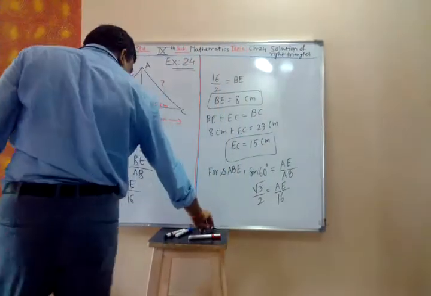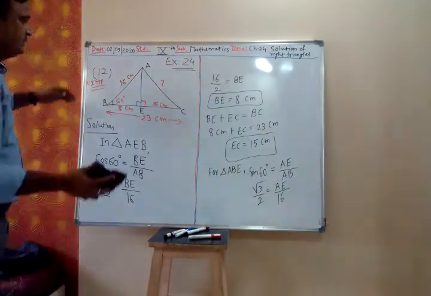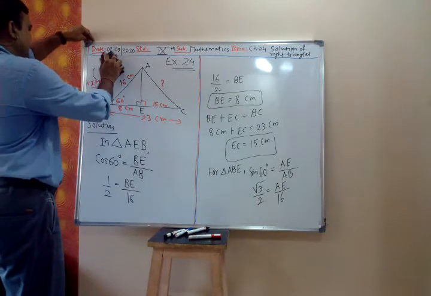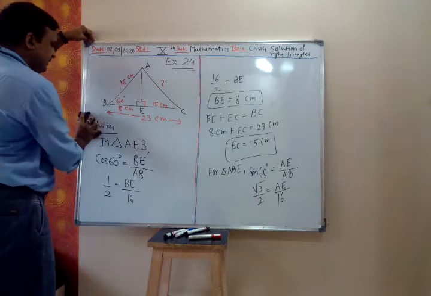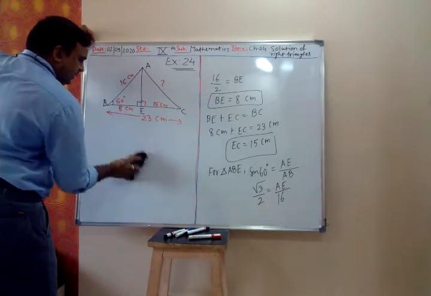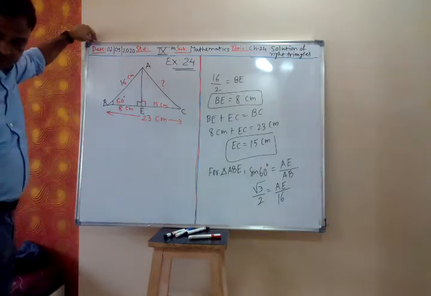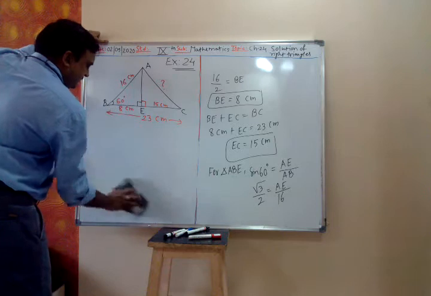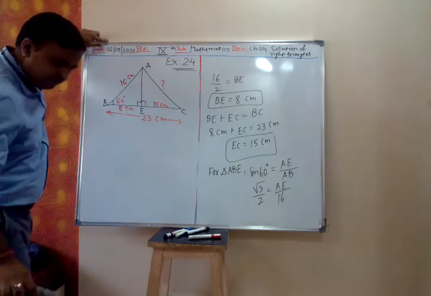So what is AE? AE is root 3 into 16 by 2, that is 8 root 3.